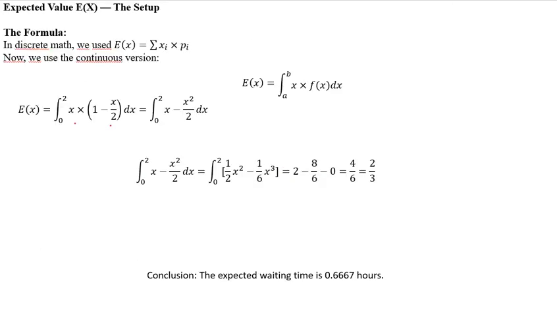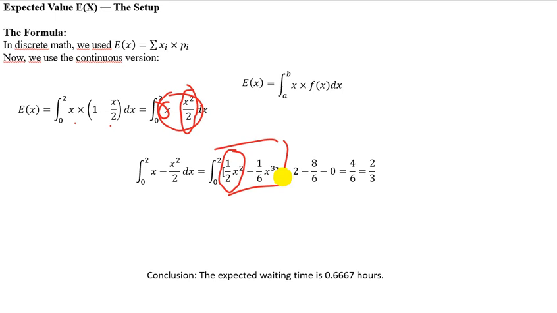The antiderivative, or the primitive, of this is 1 over 2 x squared minus 1 over 6 x to the power 3. So this is the primitive.